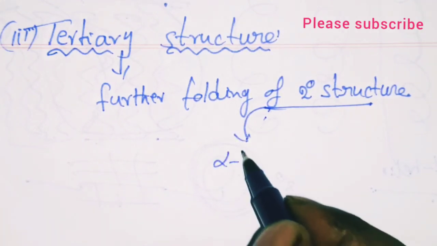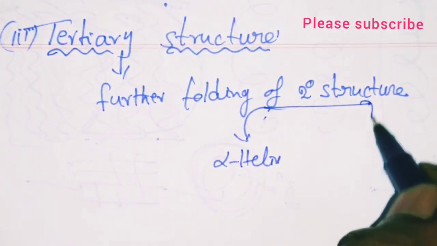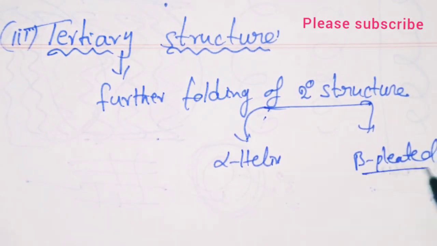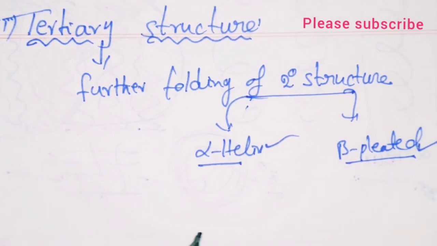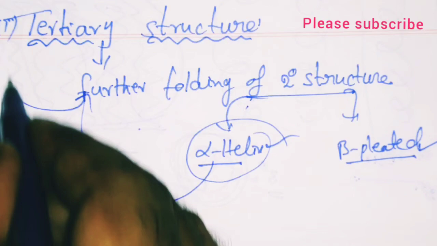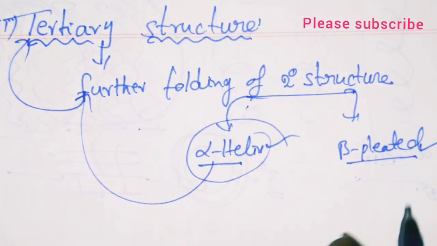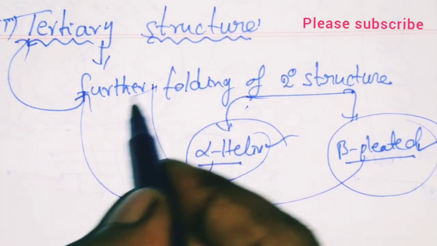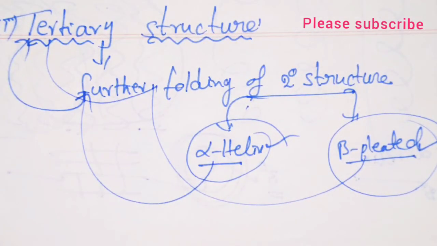One is the alpha helix, another one is the beta pleated structure. Again, this alpha helix undergoes further folding, and you will get a tertiary structure. Here also beta pleated sheets are there. Beta pleated sheets also undergo further folding and we get a tertiary structure.